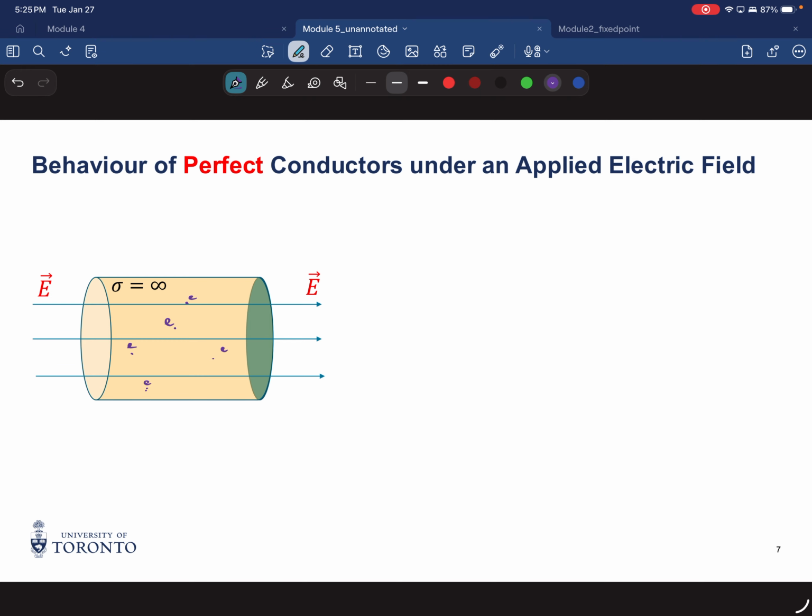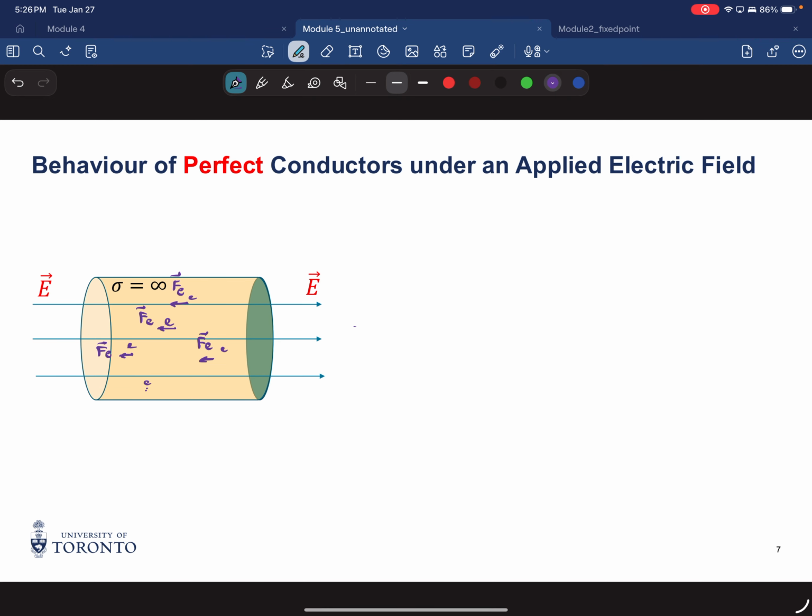Thank you, yes. All of them would experience an Fe on them that is opposing the electric field outside, because Fe is QE, and since our Q is an electron with a negative charge, it's going to be the other way. Since the electrons are super mobile and have no bound in a conductor, hence the infinite conductivity, they can move freely, and there's lots of them.